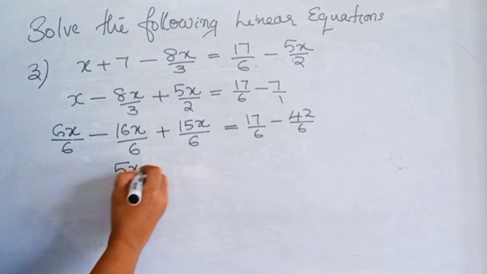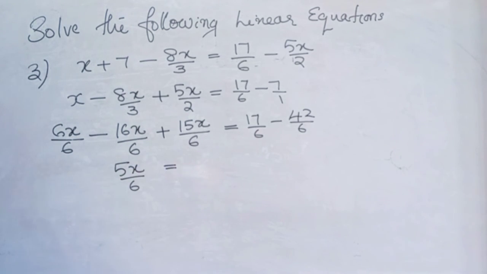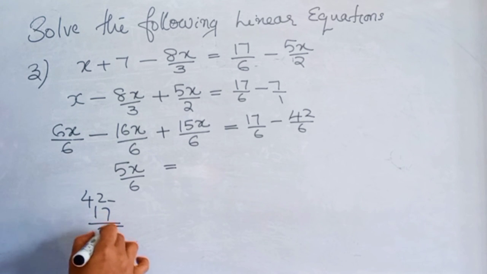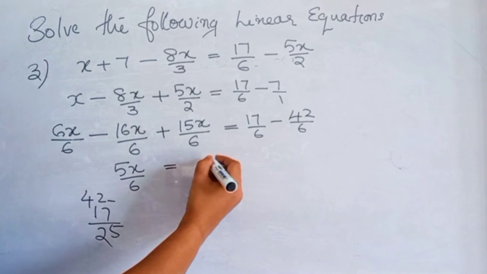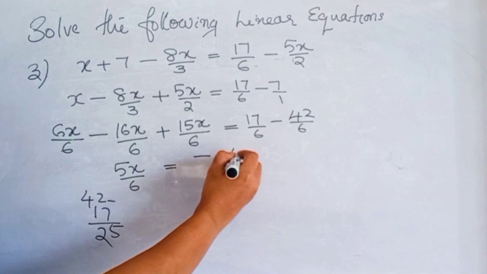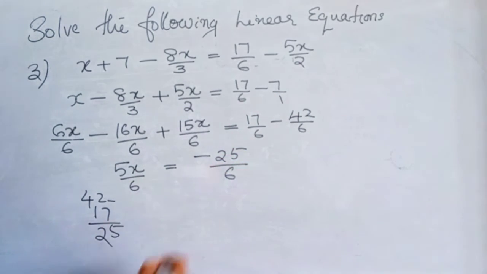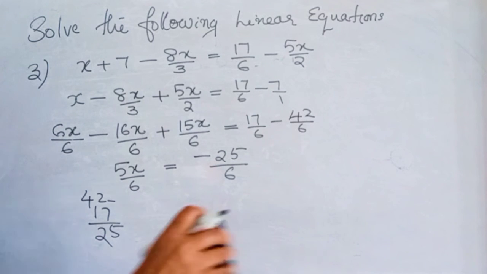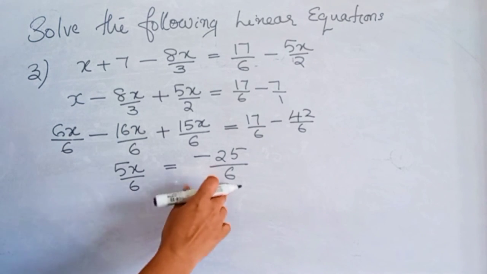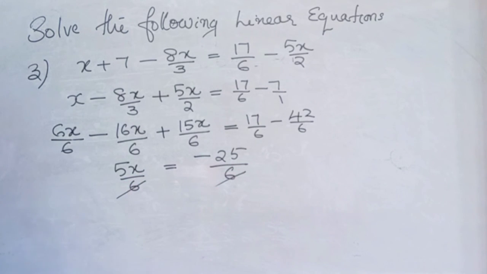So it is 5x by 6 equal to, and here also we need to do, that is 42 minus 17. Children, we get 25. And the bigger value is negative here, so I need to take minus 25 by 6. And you can see both sides having denominator 6, we can cancel it.